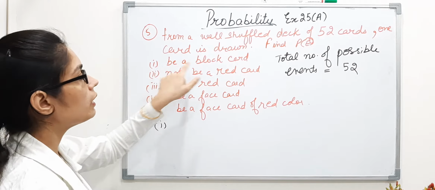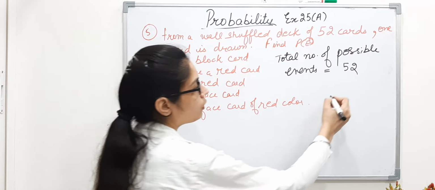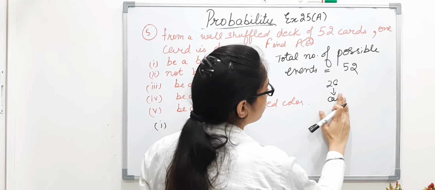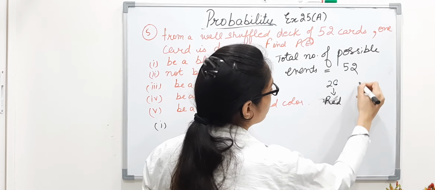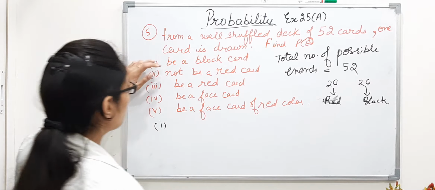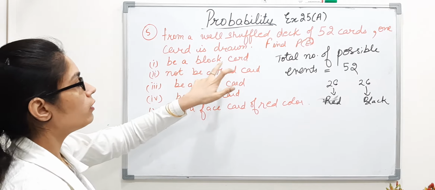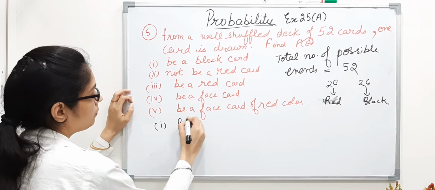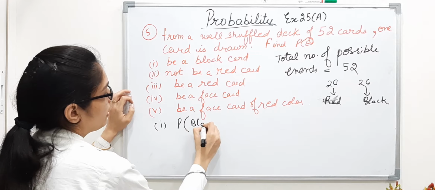First part, be a black card. I have already told you 26 cards are of red color and 26 are of black color. So now we have to find the probability of a black card. The formula I am sure you already know, so I will simply write probability of black card.